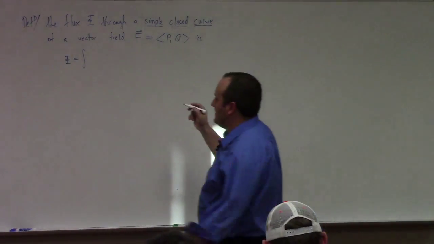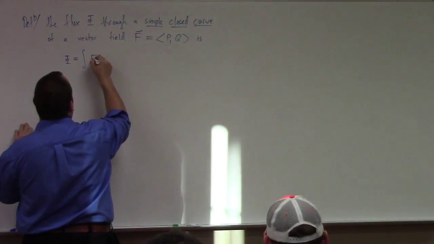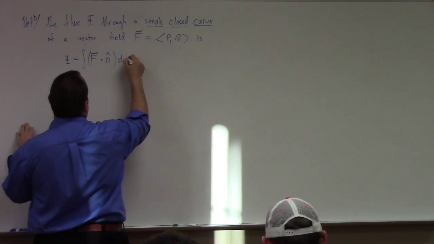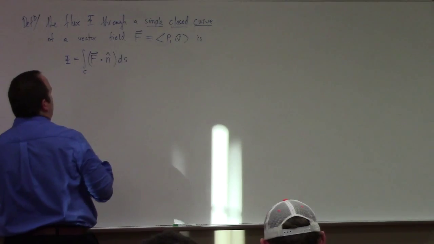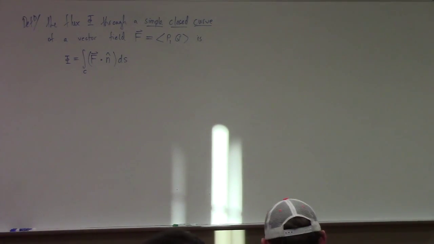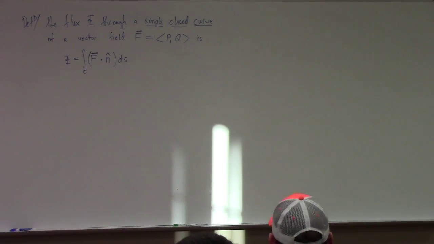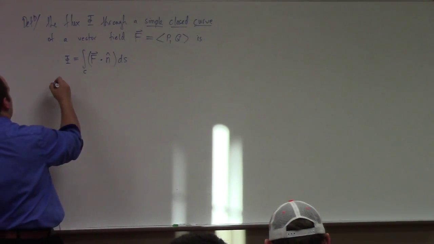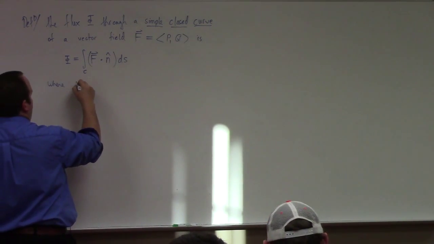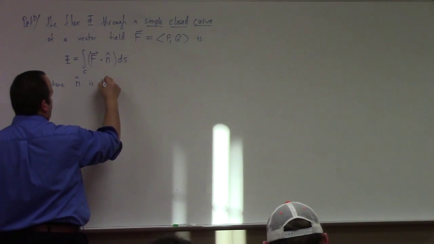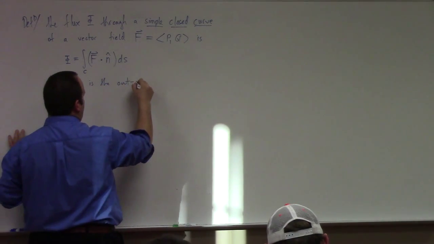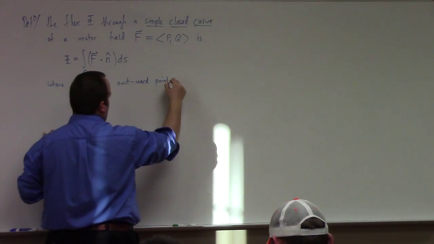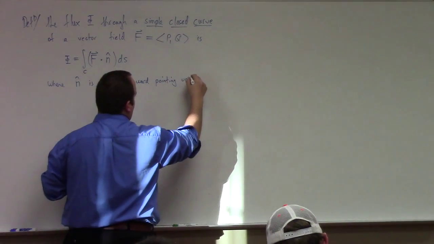So you take the vector field, you dot it with the normal, ds, over the curve. So it's defined in terms of the integral with respect to arc length. Now this unit normal, which kind of unit normal do I mean? Where n hat is the outward pointing unit normal.